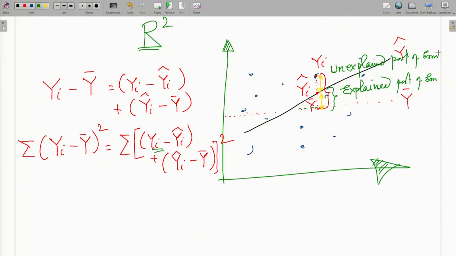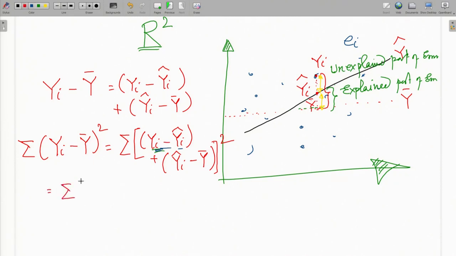The unexplained part of error we sometimes write as either ei or ui, whichever way you want to write. Let me use the notation ei and call this the unexplained part of the error.